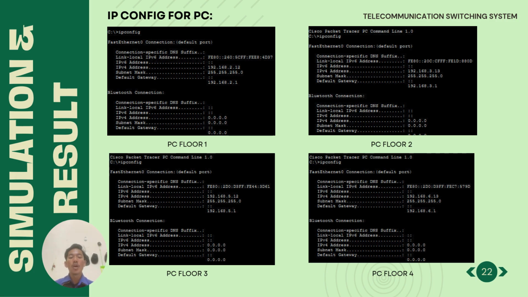Floor 3 use 192.168.5.0/24, and floor 4 use 192.168.6.0/24. This result confirms that all PC are configured correctly and can communicate through the router, enabling successful connectivity between different VLAN and access to network service.